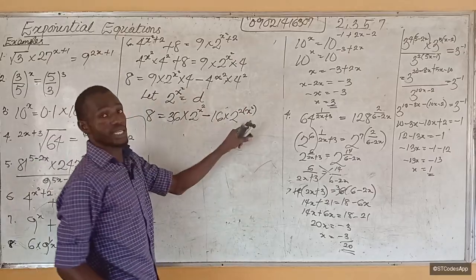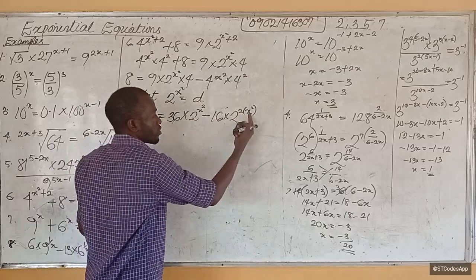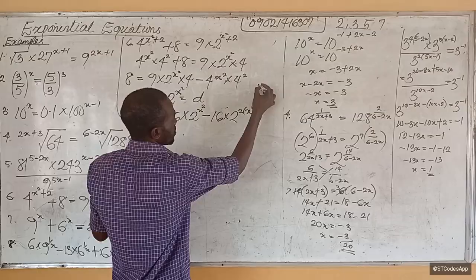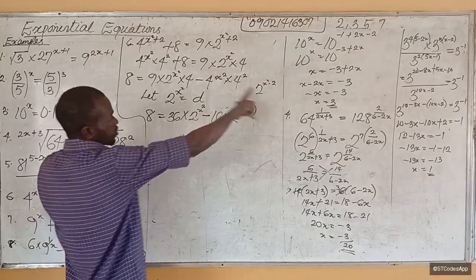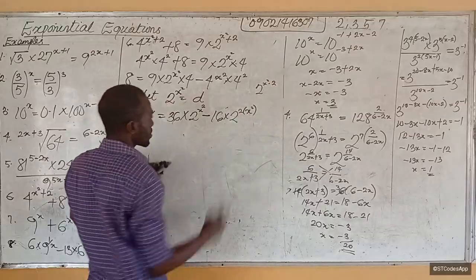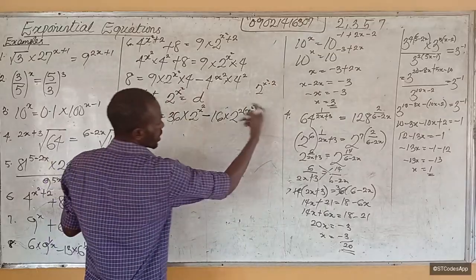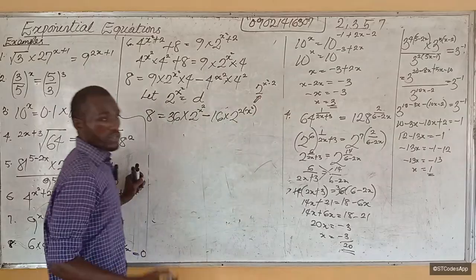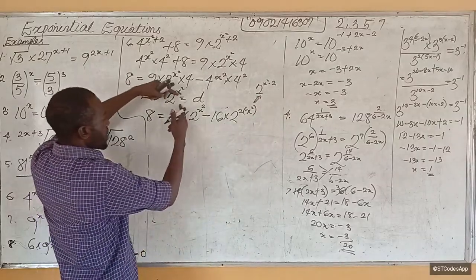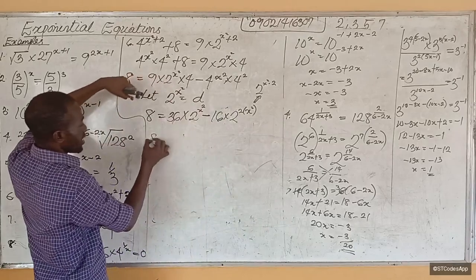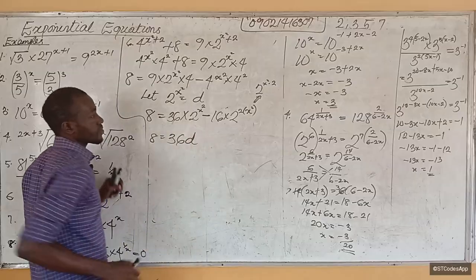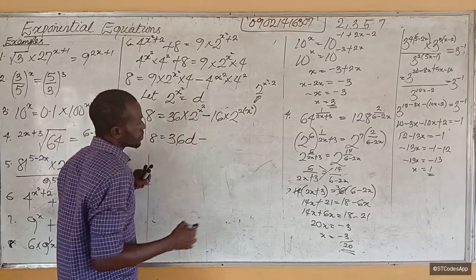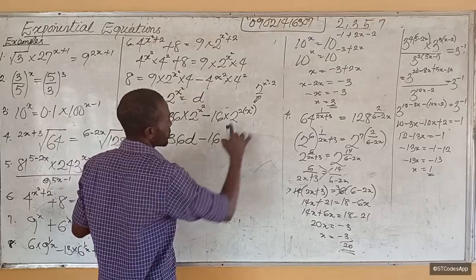So, do you understand now? 4 is 2 squared. So I could bring this one here. If I write this, this becomes 2 raised to x squared times 2. So this 2 raised to power x squared is this, right? You know this thing and this thing are the same, right? So if they are the same, then if I make 2 raised to power x squared d, then 8 becomes 36d minus 16.